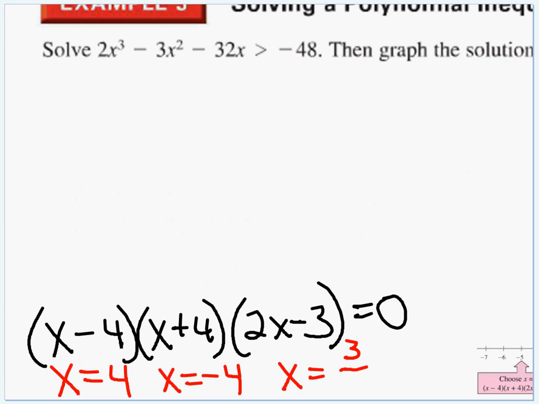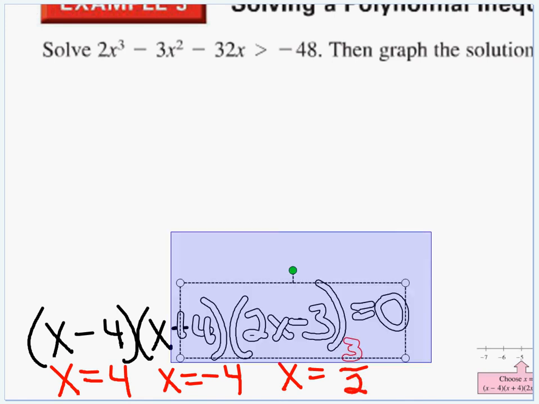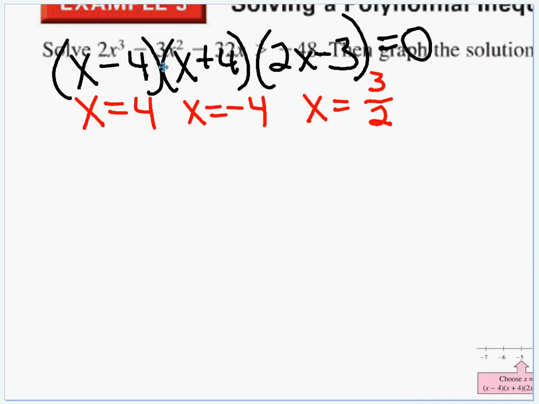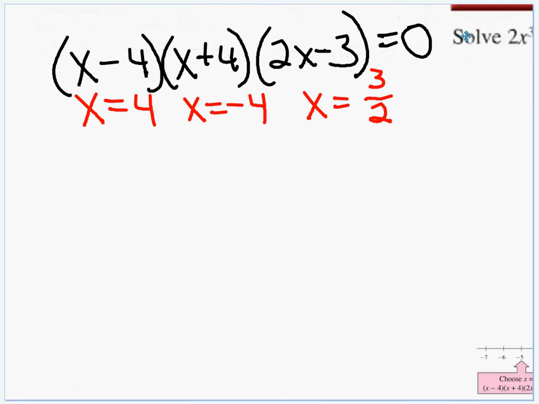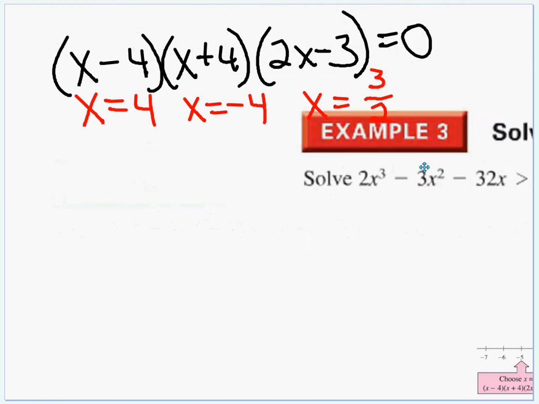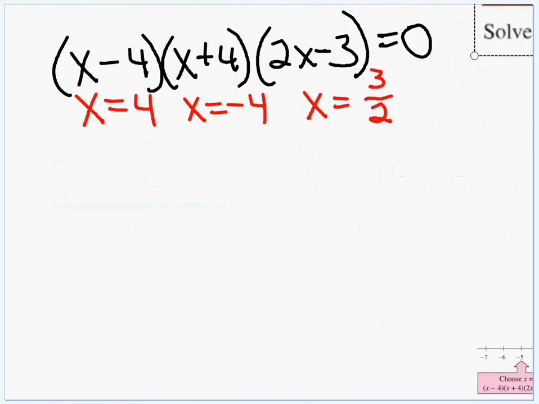There's a 4 there. Or no, that was 3 halves. Add 3, divide by 2. So there's our factored polynomial. And our inequality in this one is greater than. I'm going to put that back in before I forget. So this is greater than.